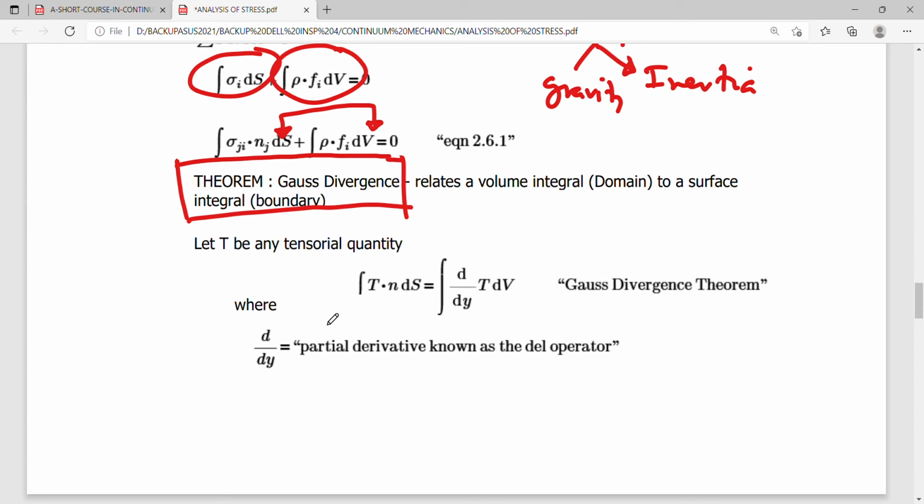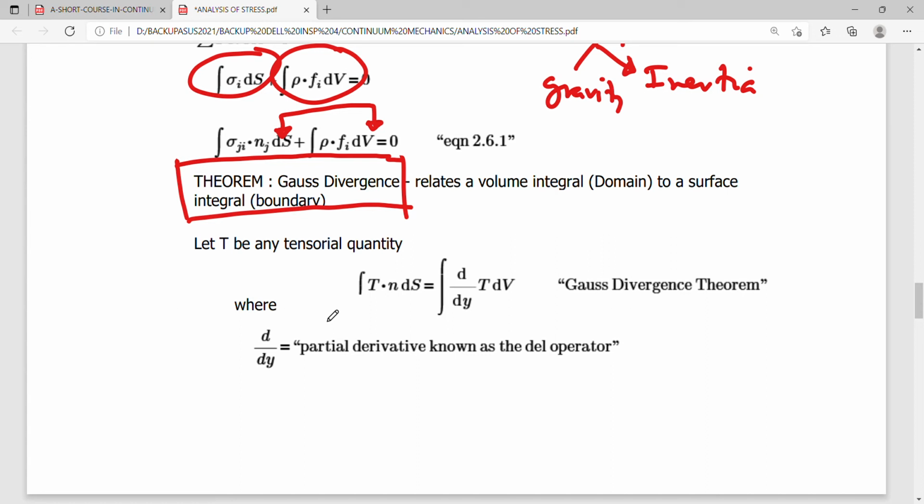If you have a bigger volume, you expect a bigger area. So at a certain aspect of such relationship, we can define a theorem known as the Gauss divergence to relate these two dimensions for us to come up with a simpler equation later.